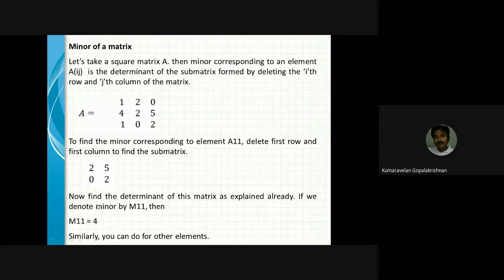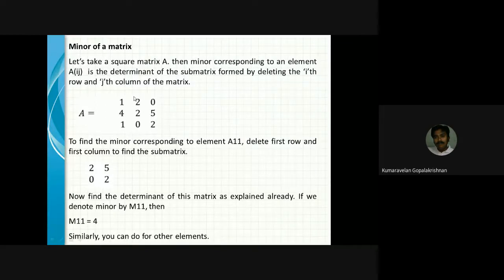Similarly, if you want to find the minor of the element 2, what do we have to do? Leave this column and this row. The remaining things are 4, 5, 1, 2. Do the determinant. That is 4 into 2, it is 8, minus 1 into 5 is 5. 8 minus 5 is 3.